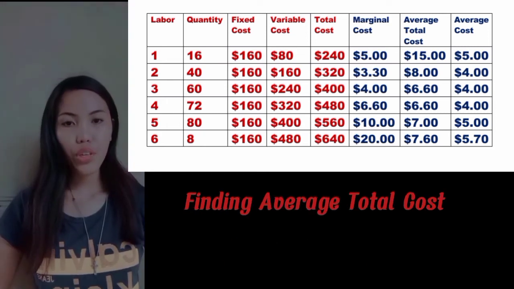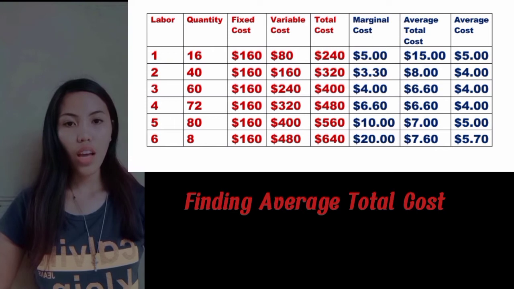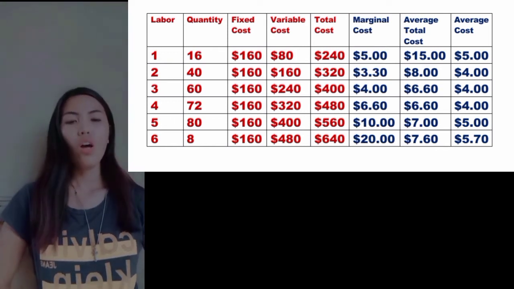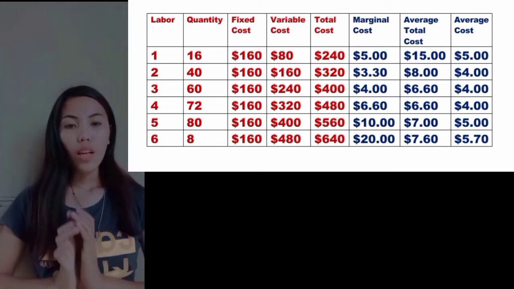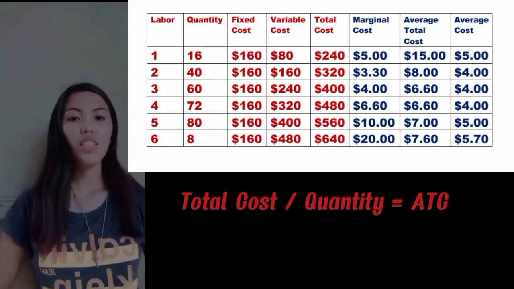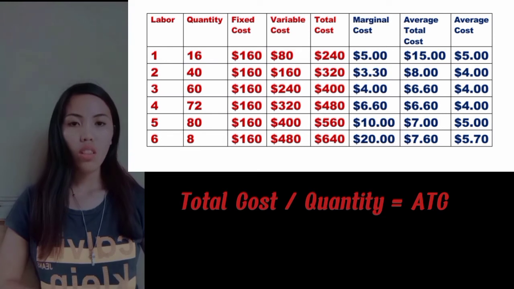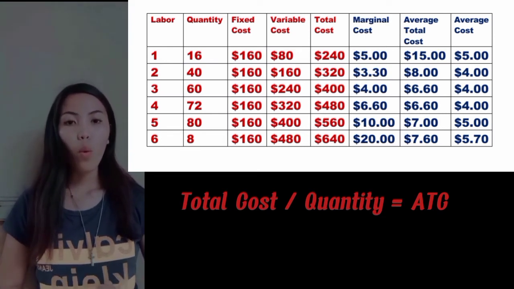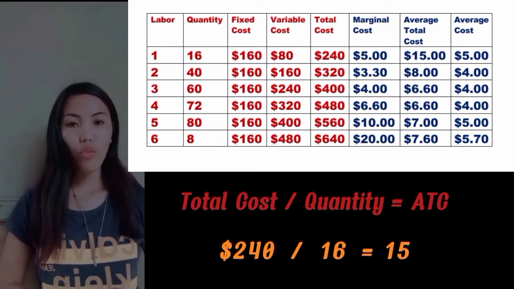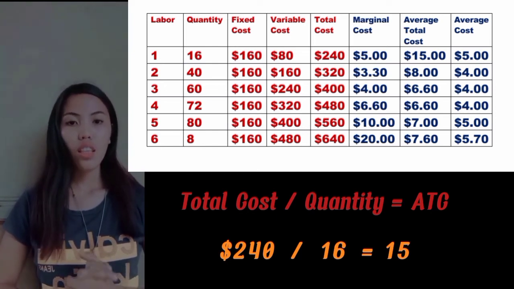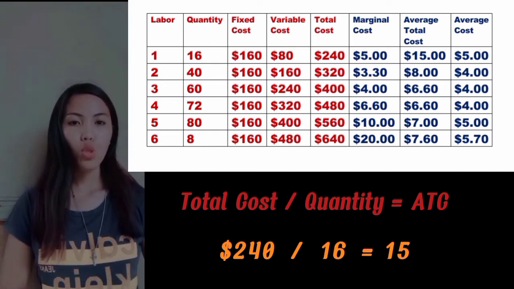Finding the average total cost in labor 1. So in finding the average total cost, we simply divide the total cost over the quantity. Labor 1 has 240 total cost and 16 output, or the quantity produced. So 240 divided by 16 is 15.